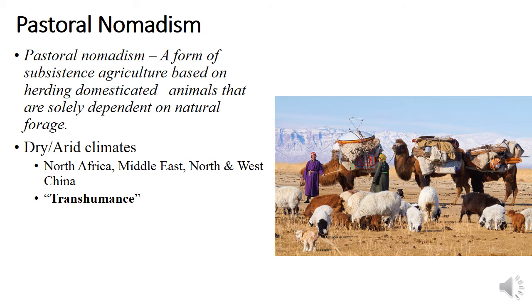Another kind of climate consideration or practice is known as transhumance. And this is actually a vocab word we've had a couple times this year. Transhumance is the practice of migrating your animals, your flock, between highland and lowland areas depending on the seasons, right? When there is snow in the mountains, in the wintertime, for example, these pastoralists are going to move their flocks down into the valleys, into the lowlands where it's not snowed in, and where there might still be grass for those animals to get to.